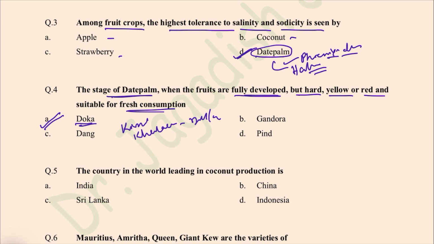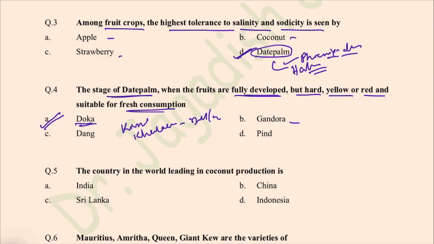The Khalal or Doka stage is characterized by fully developed bright color, yellow or red, and a firm and crunchy fruit, which is ideal for fresh consumption. That is Doka, and it is edible and suitable for fresh crunchy consumption.